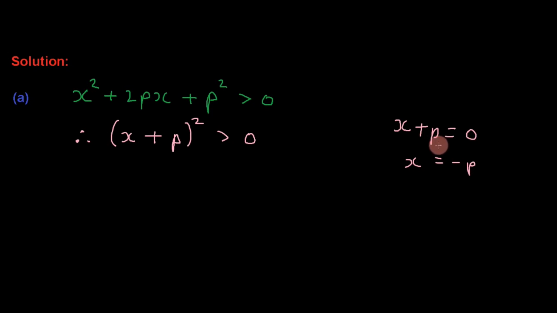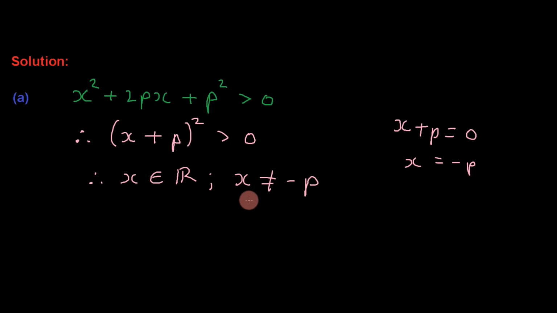So solving this equation. In other words, if x is negative p, then we'll get 0 on the left-hand side, and the left-hand side won't be strictly greater than 0. For any other values of x, because we have a perfect square, for any other values of x besides negative p, the left-hand side here will be positive. So then our answer is x is an element of real numbers, but excluding negative p.